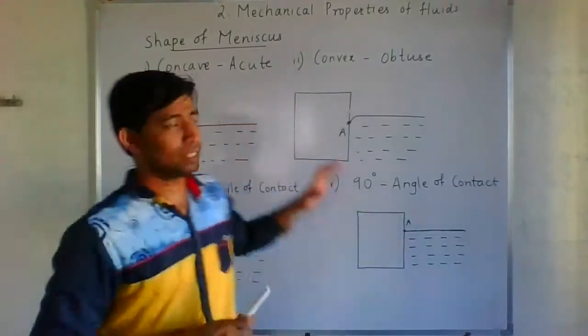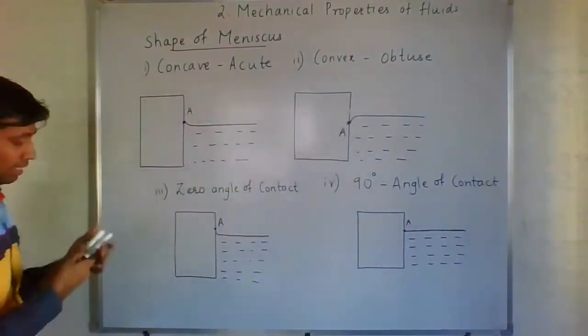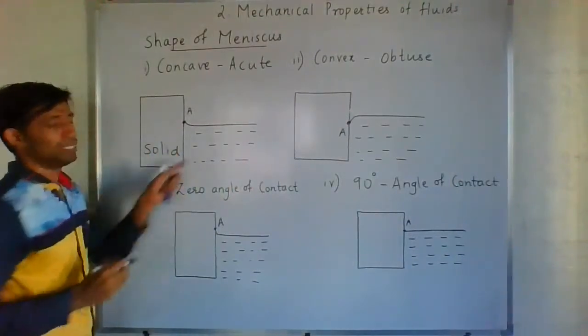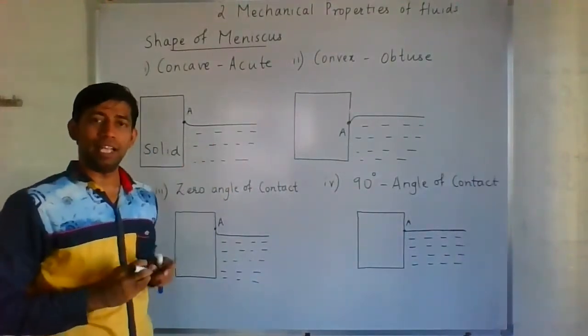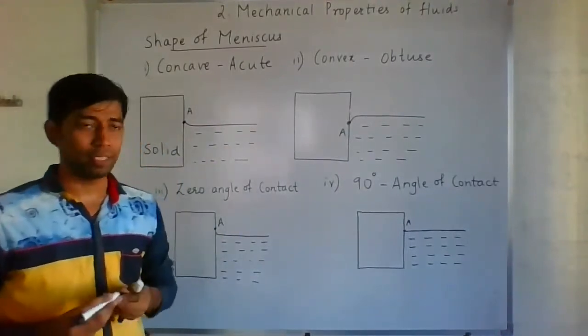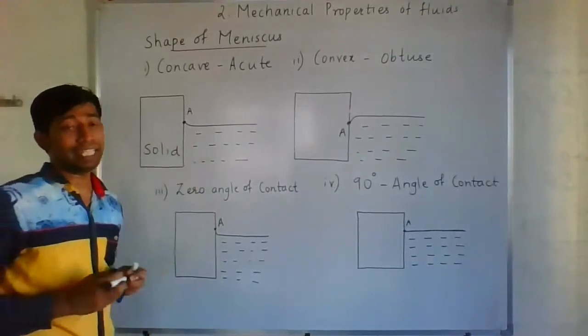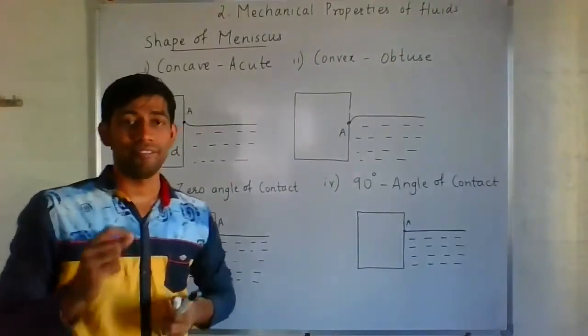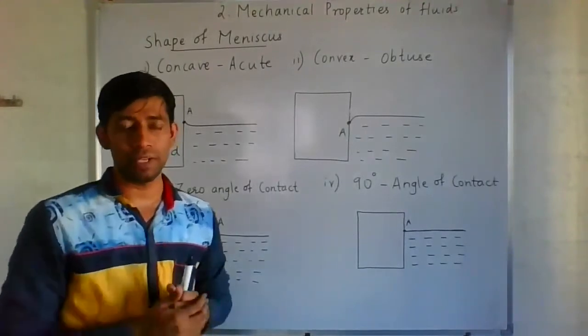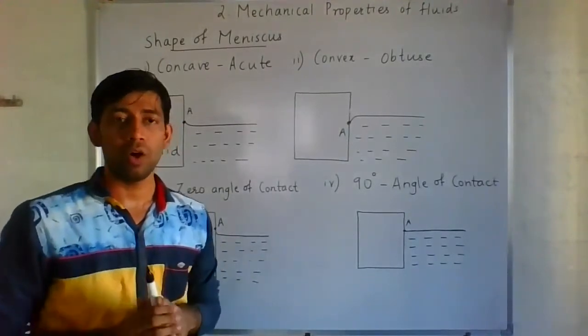So let's understand the first case. This is nothing but a solid which is in contact with the liquid. This is the free surface of liquid. This liquid we are taking as a liquid which wets the solid. It could be kerosene, it could be normal water.